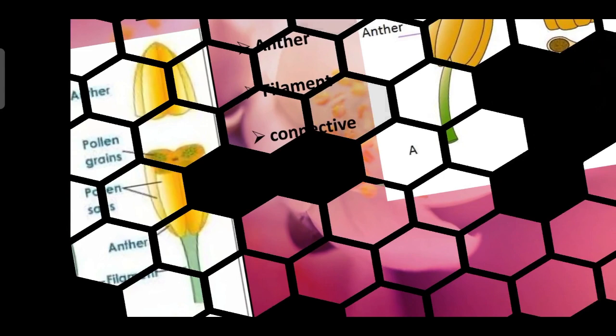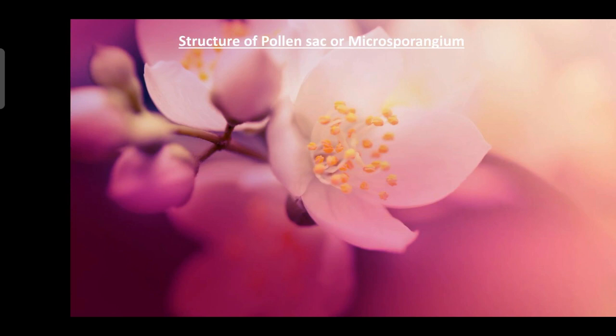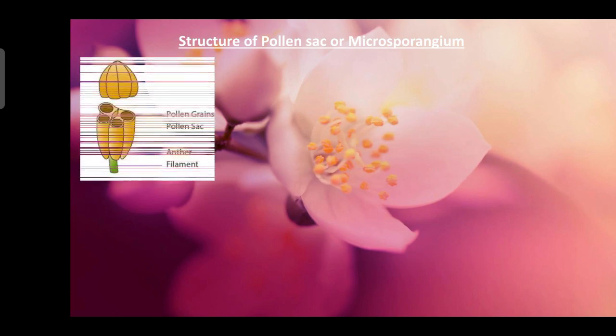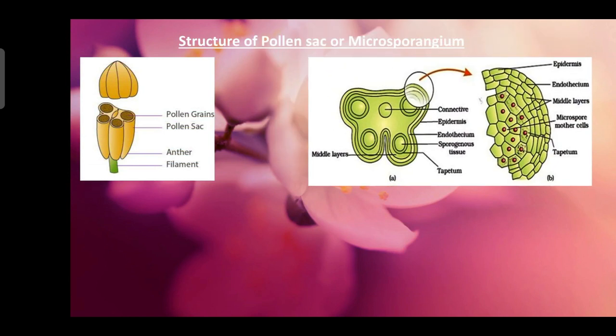Now we will study the structure of the pollen sac, which can also be called microsporangium. ಈ pollen sac ಅಥವಾ microsporangium ತಗೊಂಡಾಗ ಓಕೆ, ಅದರಲ್ಲಿ ಒಟ್ಟು 5 ಭಾಗ ಇರುತ್ತೆ. They have 5 different parts here.